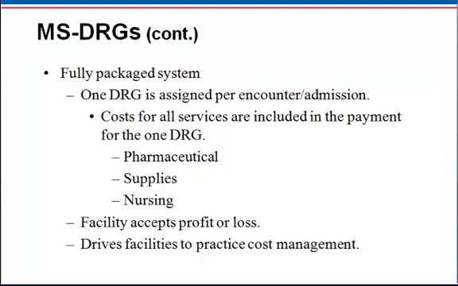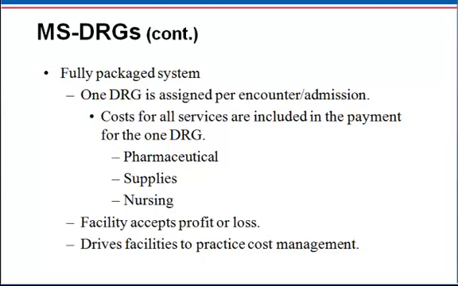Costs for all services are included in the payment for one DRG. So whatever a hospital is paid for that one DRG, the hospital will either take a loss and not be able to recoup that money from the patient, or they will make a profit.